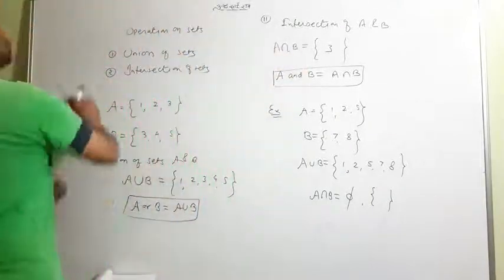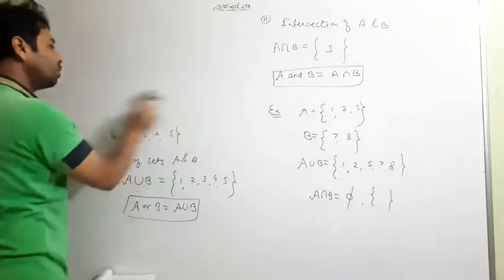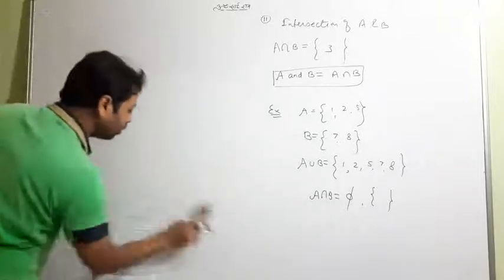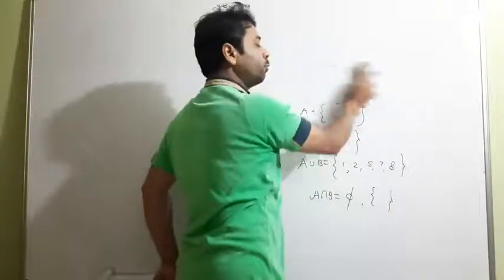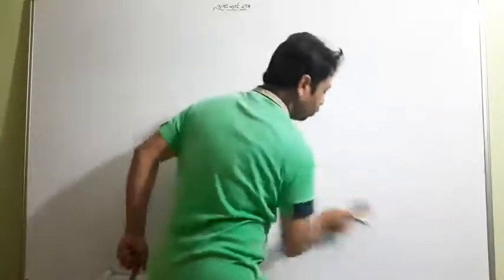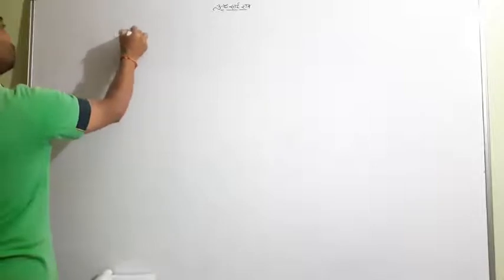Keep in mind that these operations will definitely come in further questions, so we will study them at that time. This was a concept only, and I have taught you with examples also. Now see the Venn diagram.